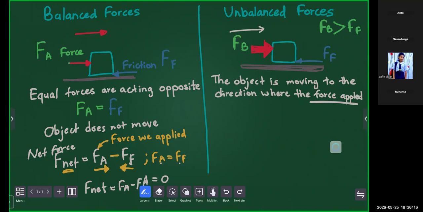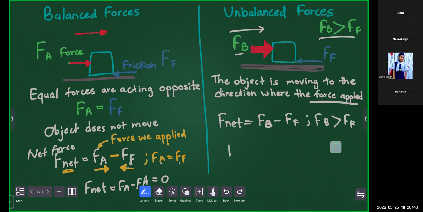What about the F net? F net equals the force we applied minus the frictional force. This time we took FB, and FB is greater than FF.